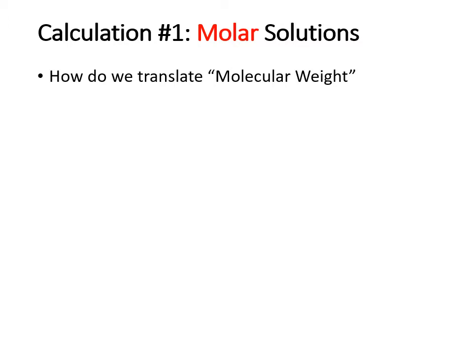All right? So when we talk about molecular weight, 1 liter of solution contains the number of grams that are equal to the molecular weight. Basically, when you see 1 and a capital M next to it of a solution, that's equal to grams per liter.